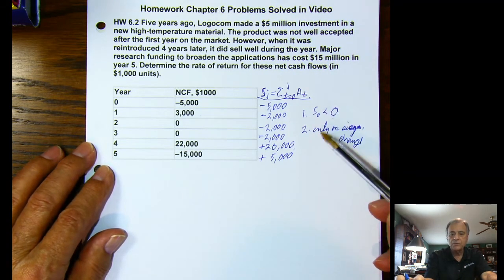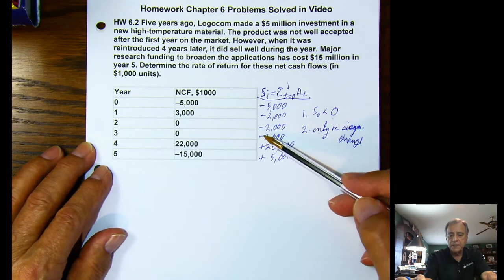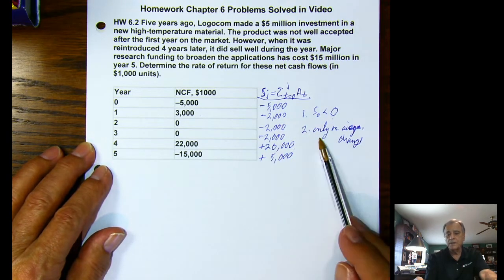The second item of Nordstrom's criterion is also satisfied. This minus, minus, minus, minus, it changes sign here and it stays the same, so it doesn't change again. So it's one sign change.